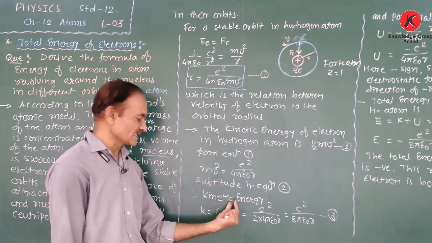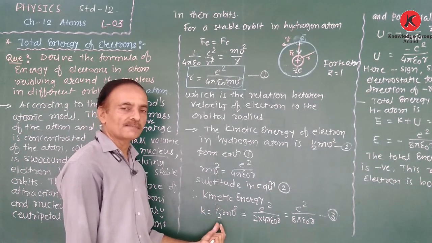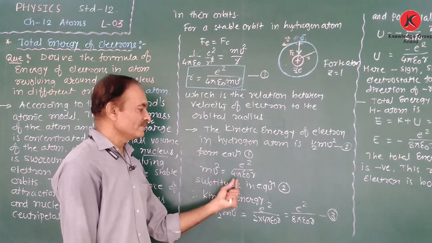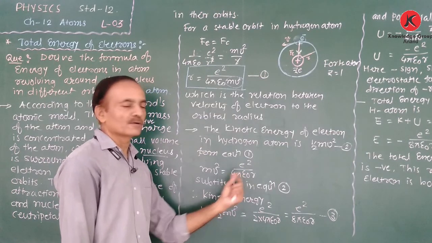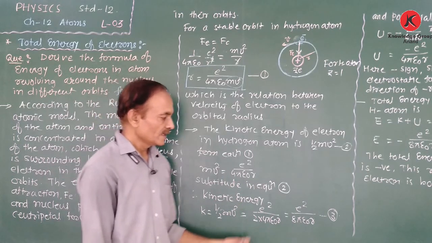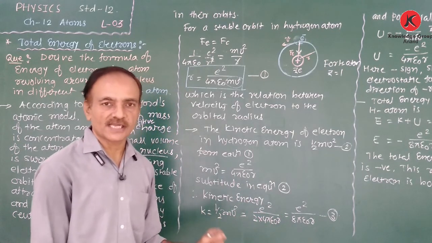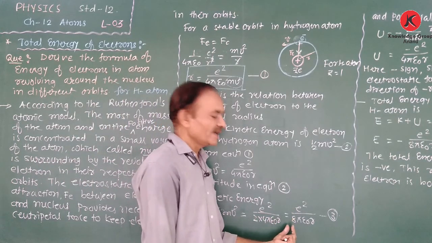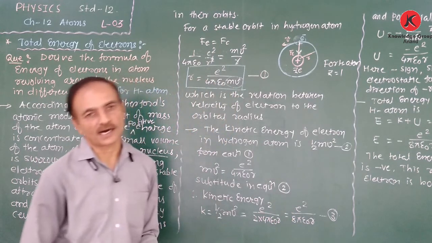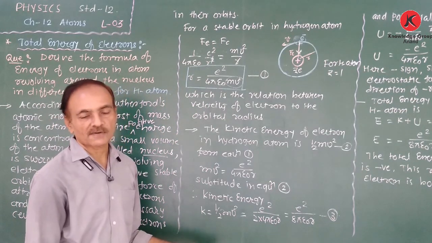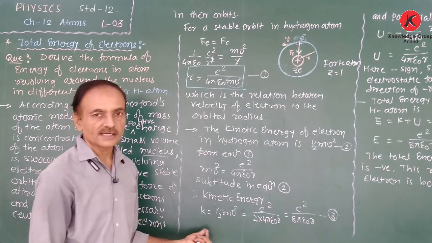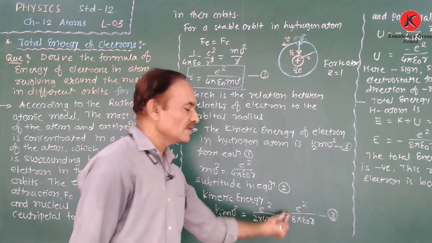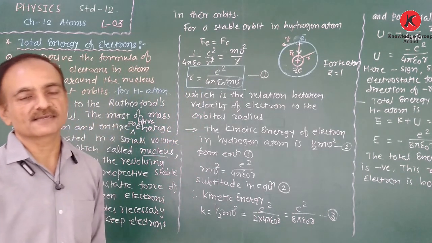Therefore, kinetic energy K is equal to half mv square, which is half into e square upon 4 pi epsilon 0 r. So the kinetic energy of the electron in an orbit of radius r is e square upon 8 pi epsilon 0 r. So this is the equation of kinetic energy of an electron in a circular orbit of radius r: K is equal to e square upon 8 pi epsilon 0 r.